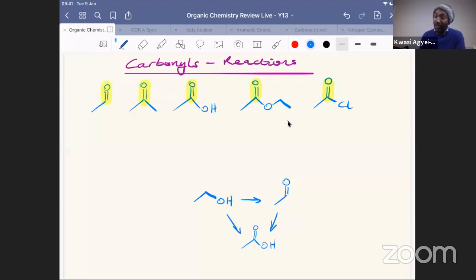Now, the way to access a ketone would be to, well, before we talk about ketones, let's look at the reagents that you would need. So you would need acidified potassium dichromate or ammonium dichromate.